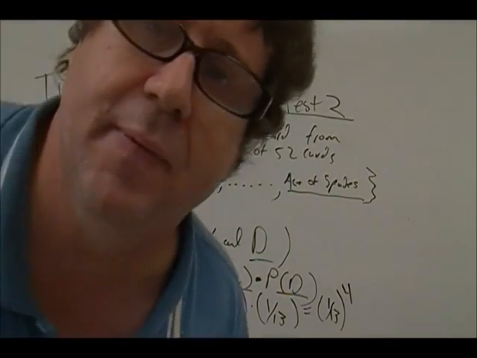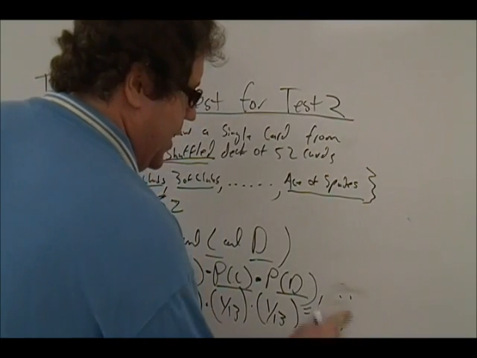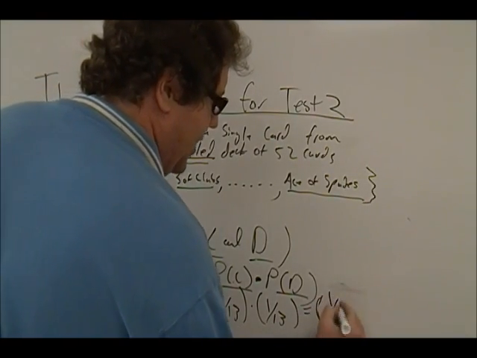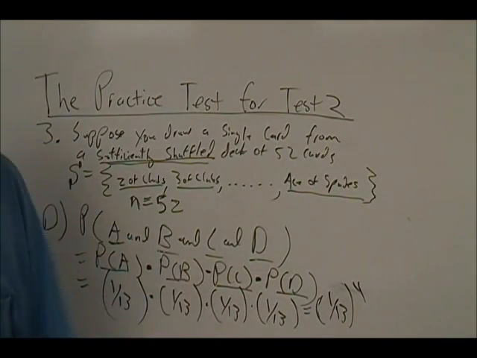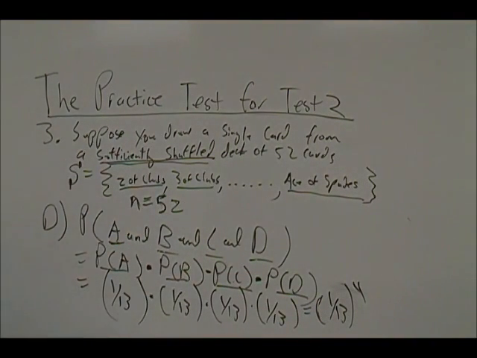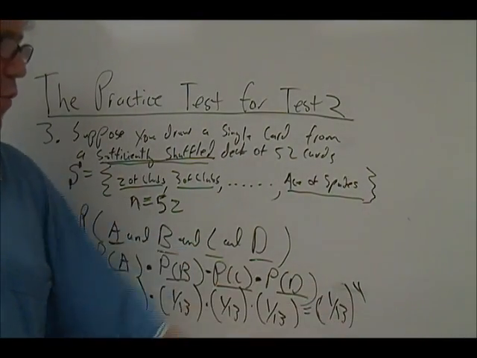Okay, 1 over 13 to the 4th power. And if you want to use your calculator now, all you have to do is do 1 divided by 13, hit the equal sign, and then hit your exponent key, and then hit 4. So that would be 1 over 13 raised to the 4th power.